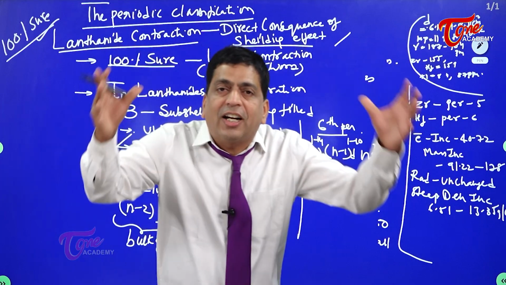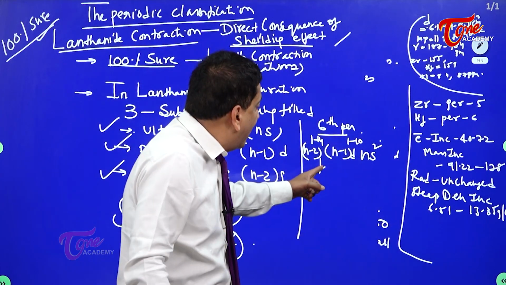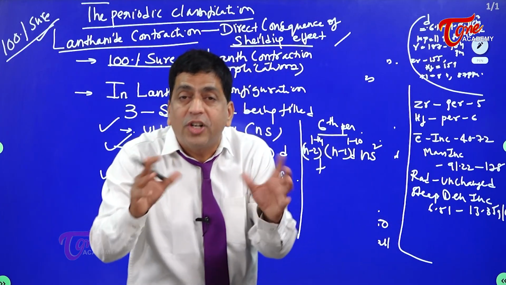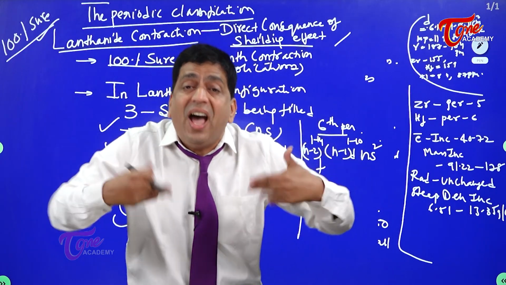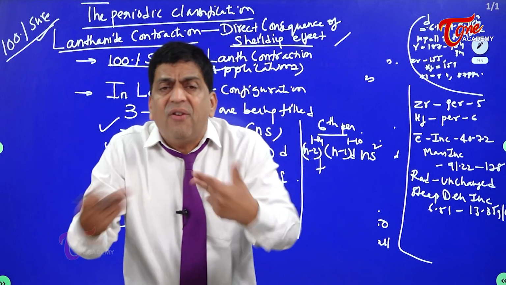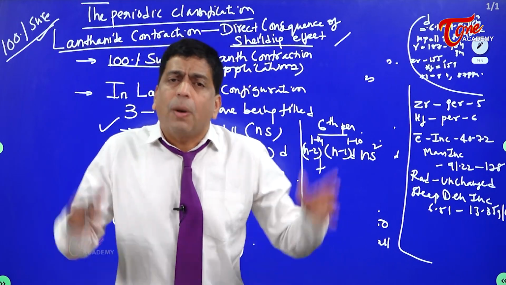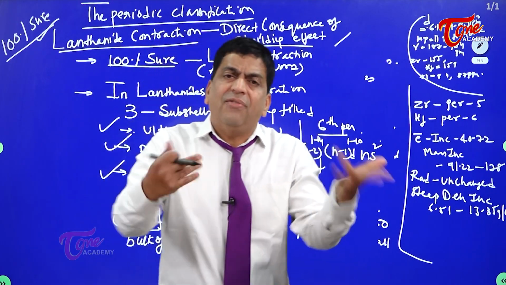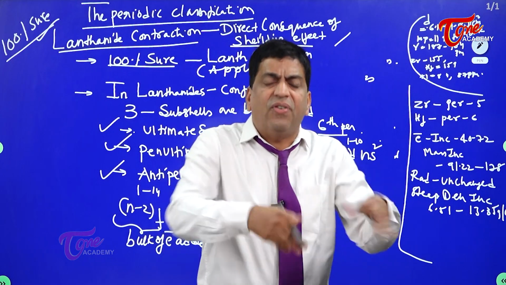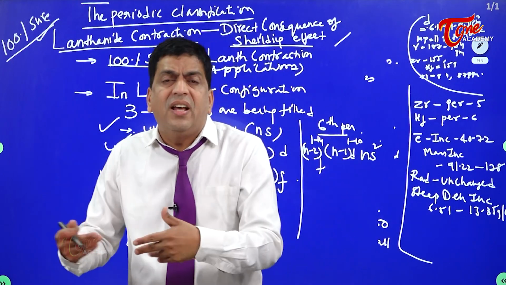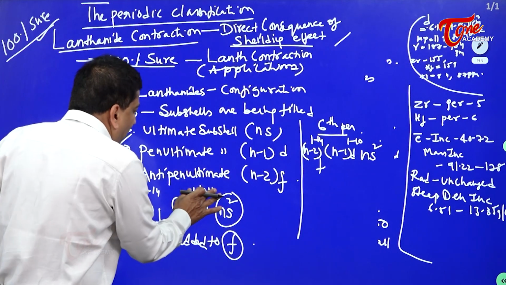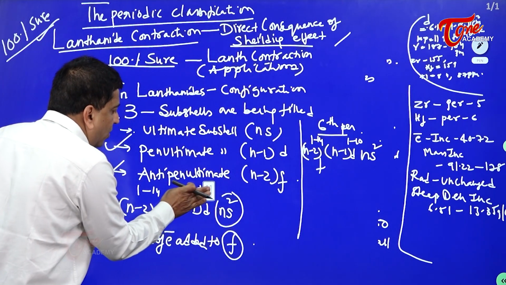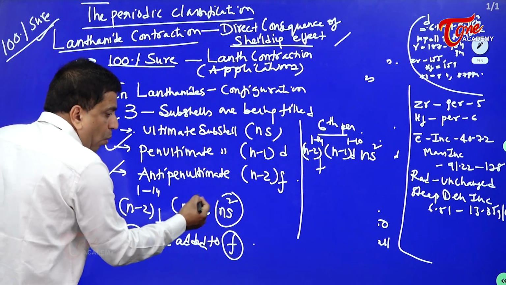When you write the configuration from 58, cerium, to lutetium, the bulk of the electrons are being added to F. The electron is entering F, it's not entering D. It's supposed to enter D, but rather, after lanthanum, it's entering F: F1, F2, F3, F4, F5, F6, up to F14. In fact, the D electrons are very, very less. It's a 0 or 1, that's all.